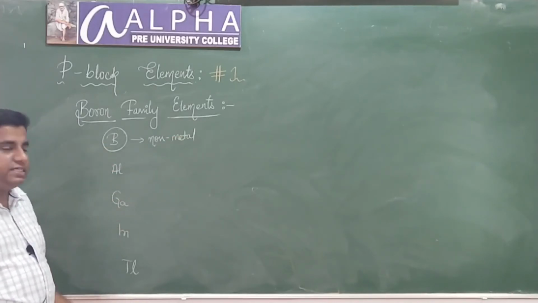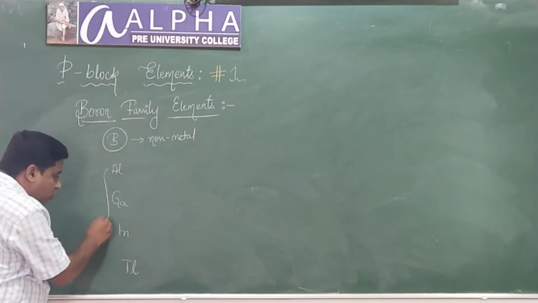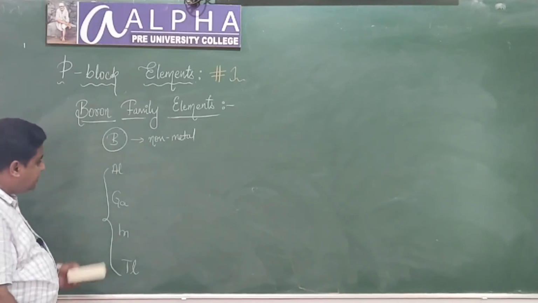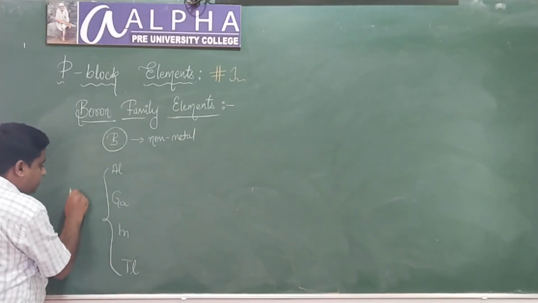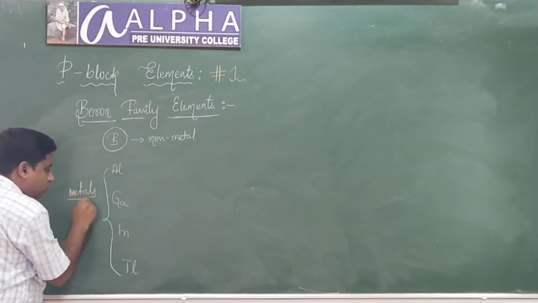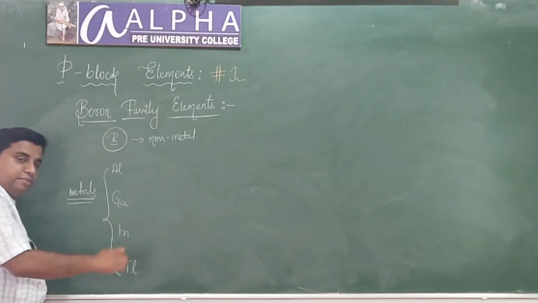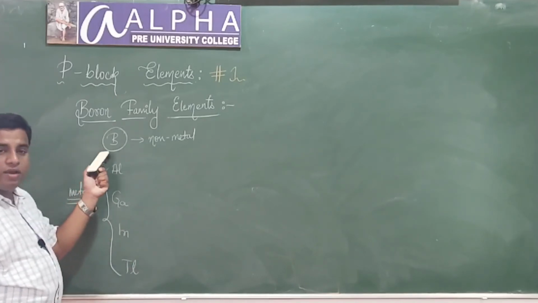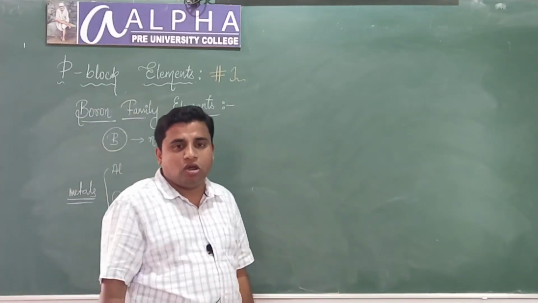That is why I said it's a metalloid. Whereas all the elements from aluminium to thallium are all what? They are all metals. Aluminium is a metal, gallium is a metal, indium is a metal, thallium is a metal, whereas boron is a non-metal, or it can be regarded as a metalloid.